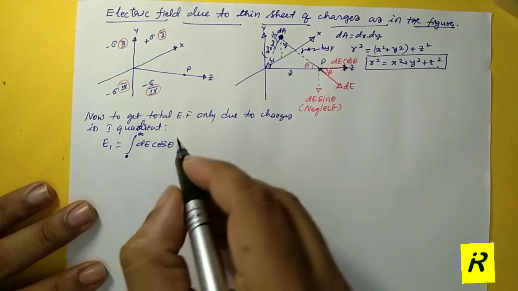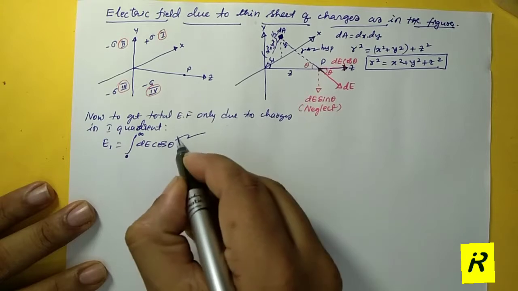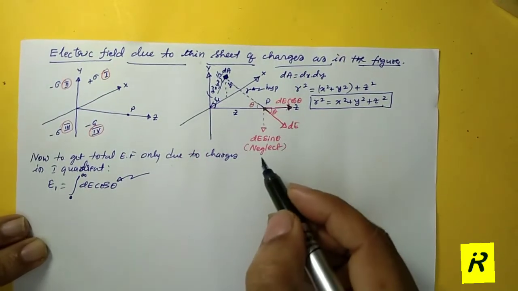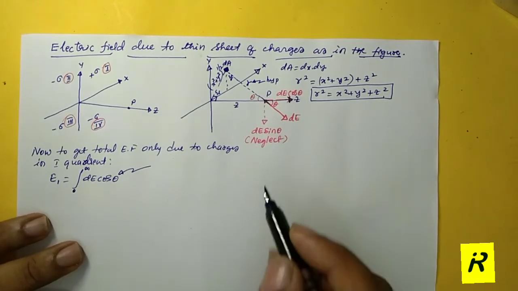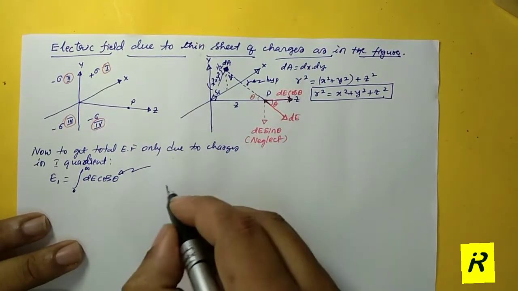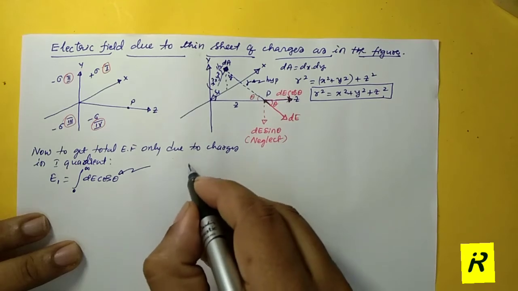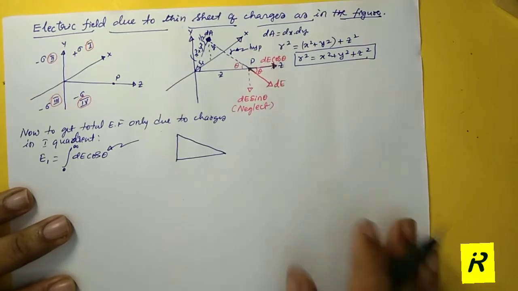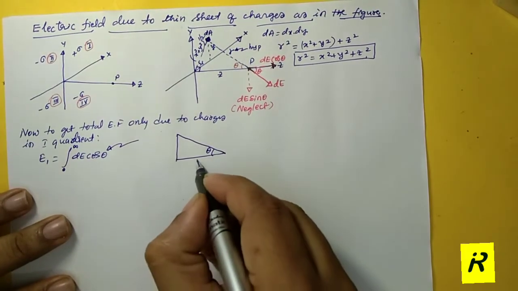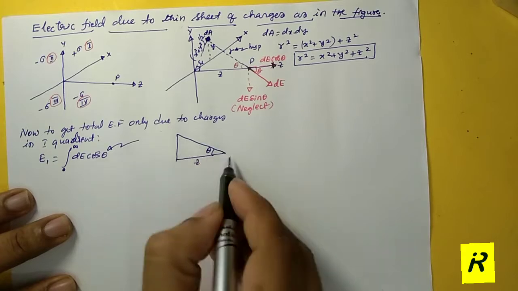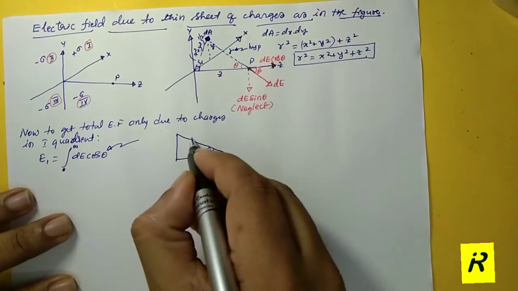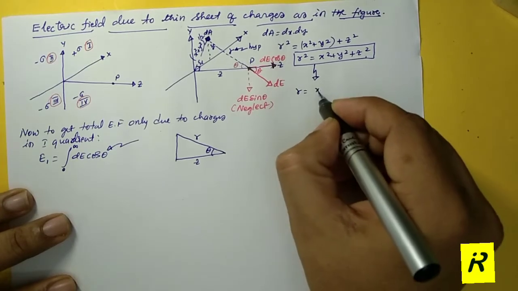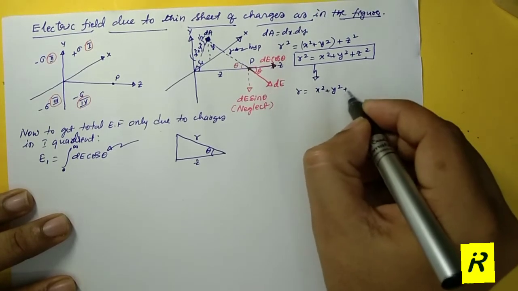Otherwise I can say this cos theta should be, see this picture. Theta is here, so this is the triangle, and in this triangle here is the theta, and this is E, and the hypotenuse is R. So R is nothing but the square root of x square plus y square plus z square.